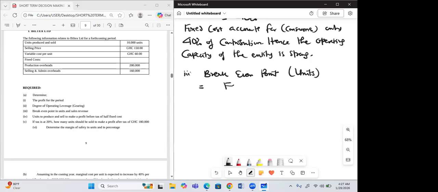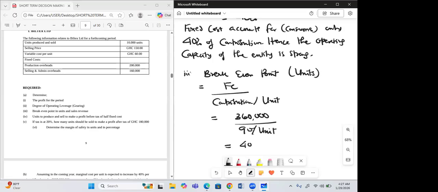Fixed cost over contribution per unit. So that will give us 360,000 over the contribution per unit, which is 90 per unit, right? Yes, sir. And now you have 4,000 units. So that's 4,000 units. Yes, sir. Then we want it in sales revenue too.